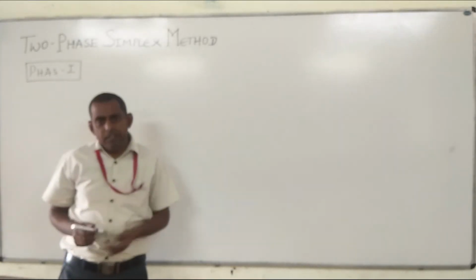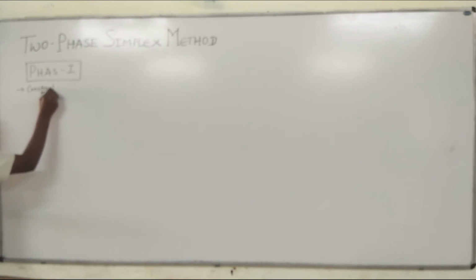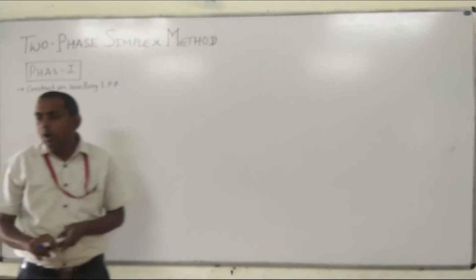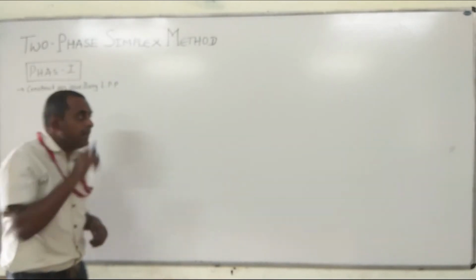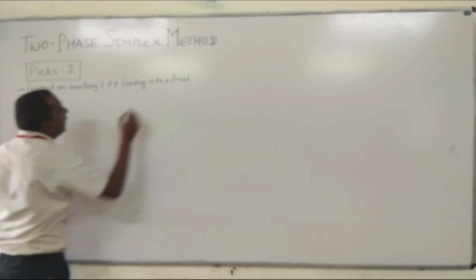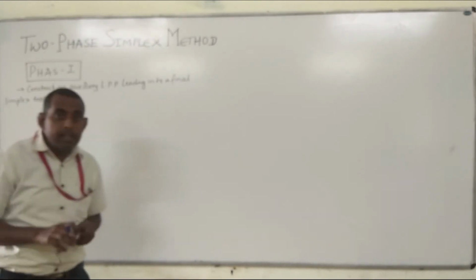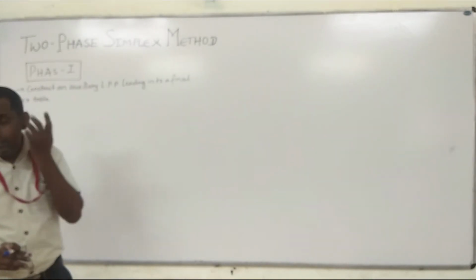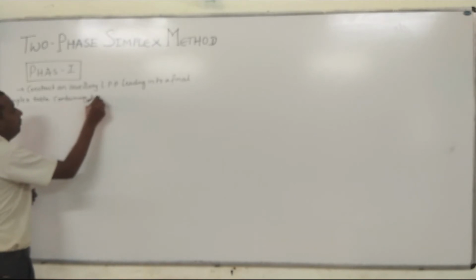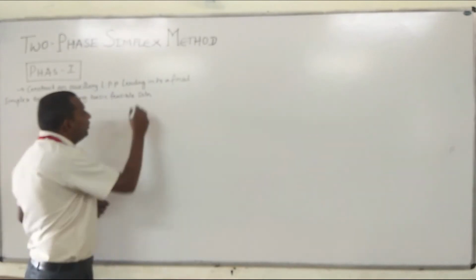In this phase we construct an auxiliary LPP, leading into a final simplex table containing a basic feasible solution to the original problem.